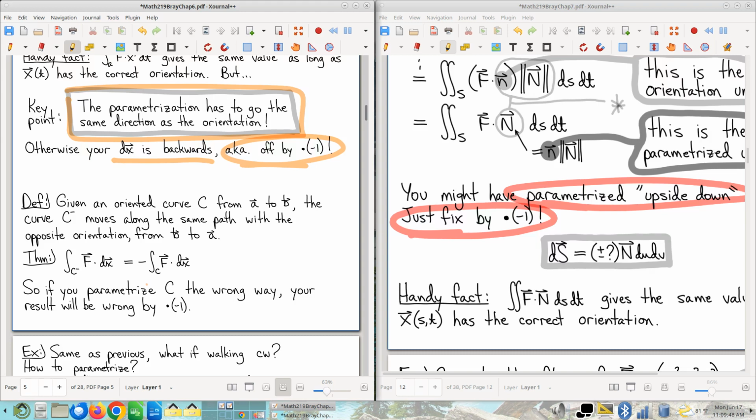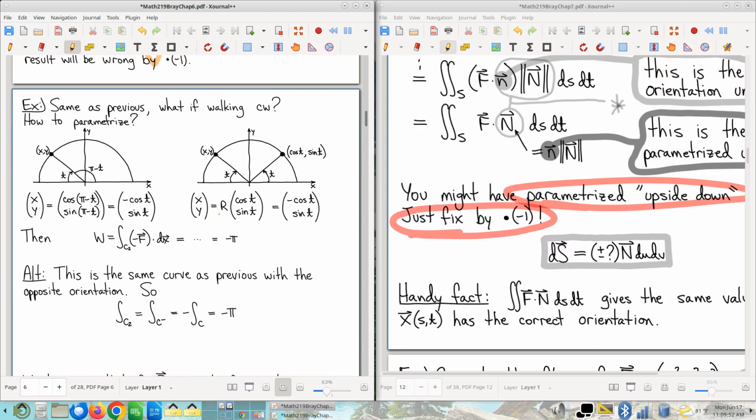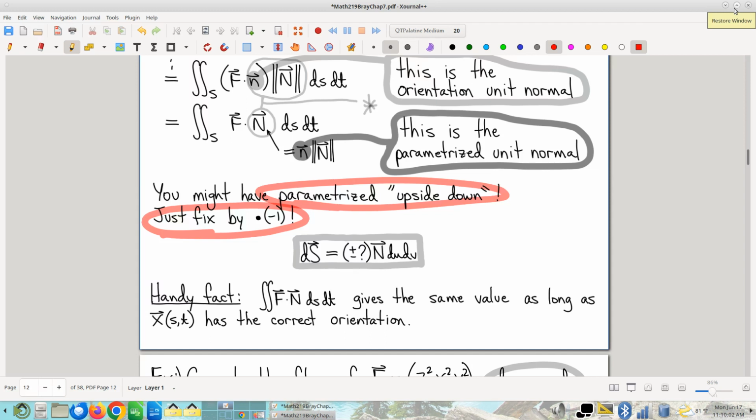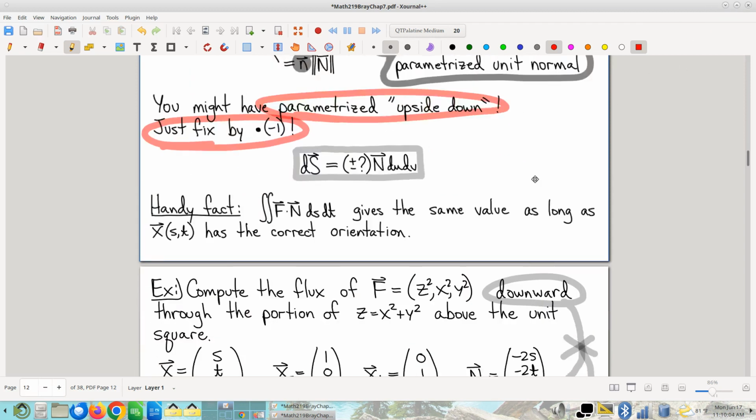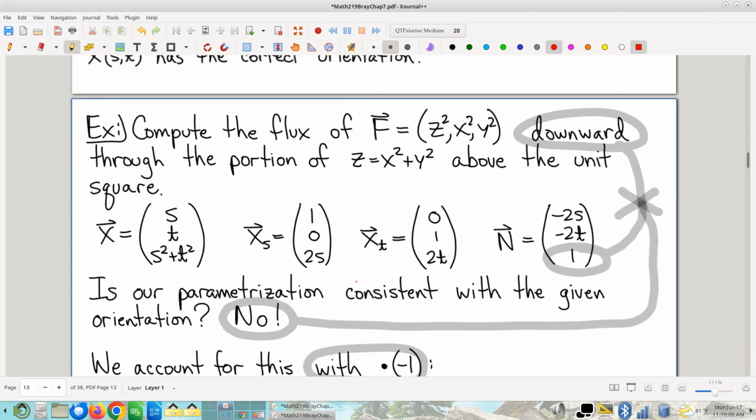We developed a notation and documented this as a theorem, and then just realized that if you parameterize backwards, just insert a minus sign to fix it. And we're going to do the exact same thing over here now in chapter 7.